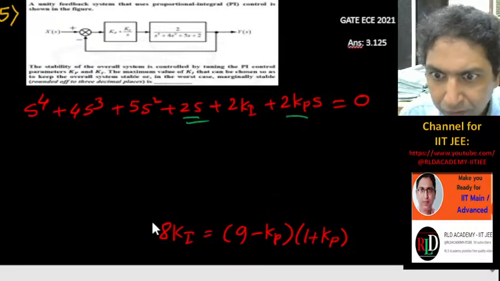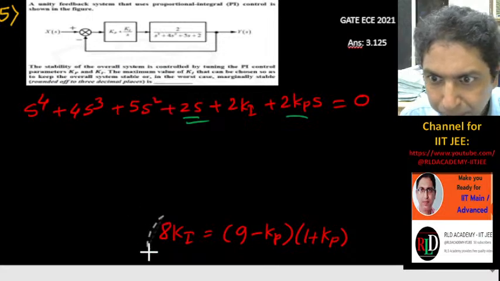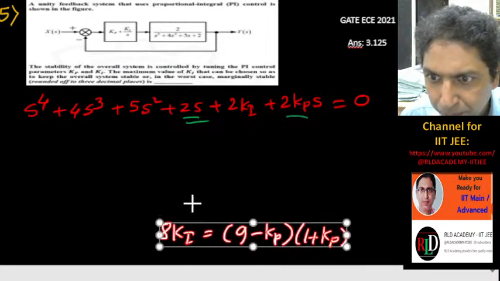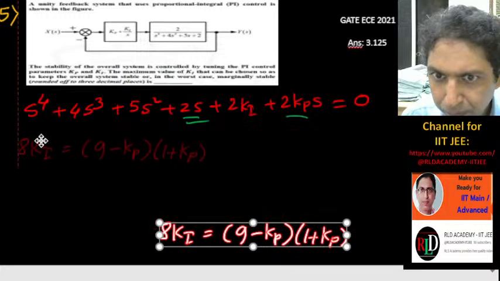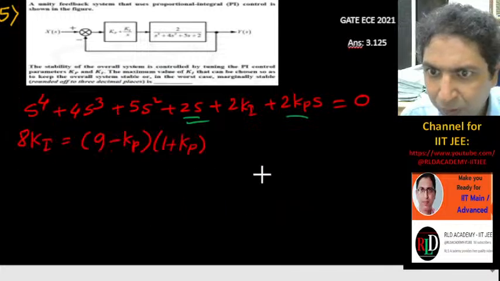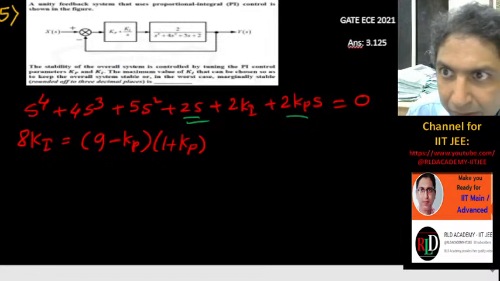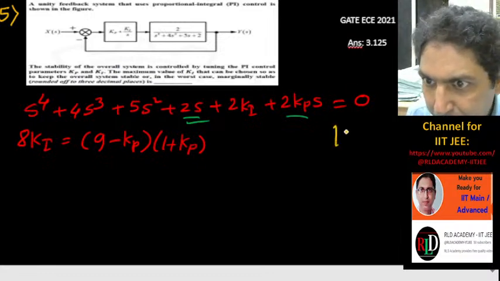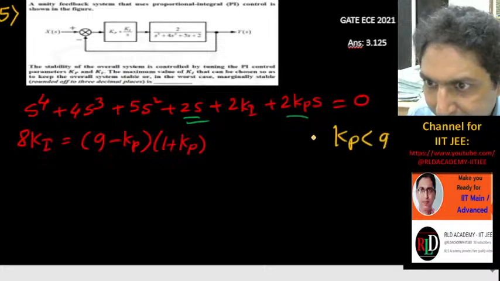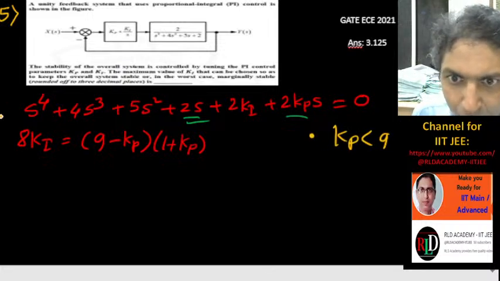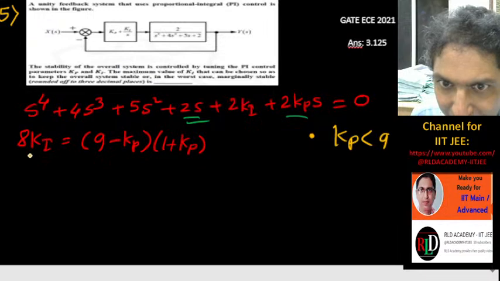Okay, so this part I need to maximize, and already we have said that Kp should be less than 9. That I have got. Now we need to maximize Ki. So what will I do?